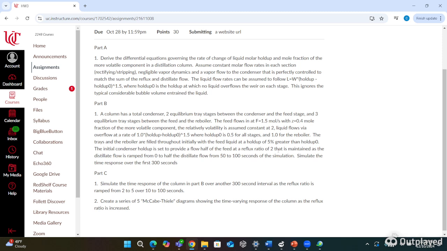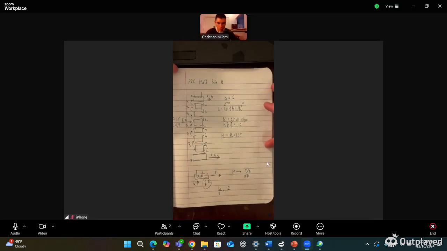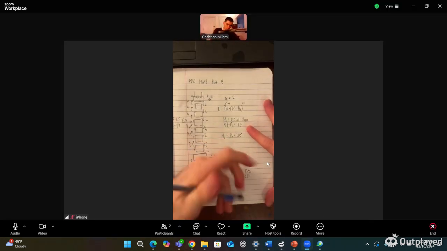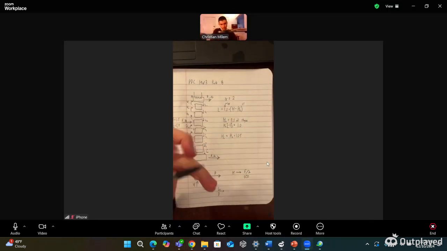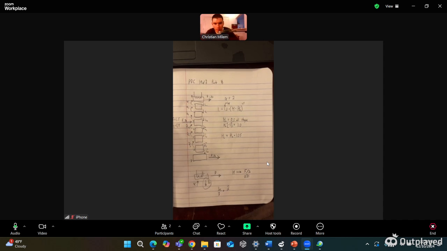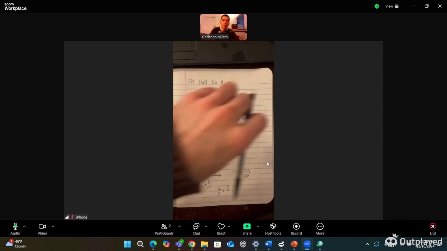Okay, and then no matter what, our reflux ratio, which is L0 over D, is going to equal 2. All right, so let me go back and double check that information. We have this written out, so that's going to help us understand things conceptually.